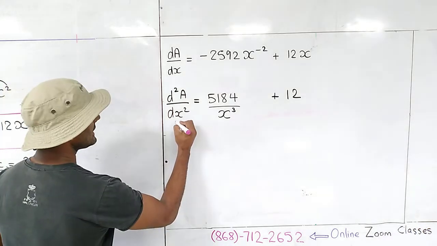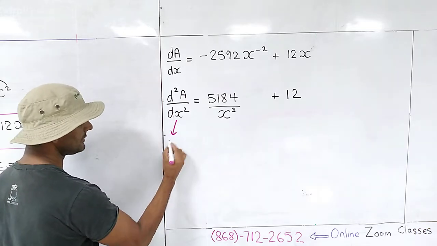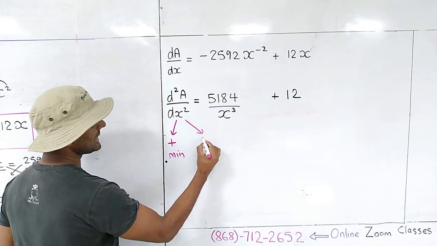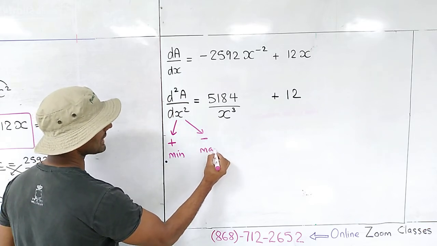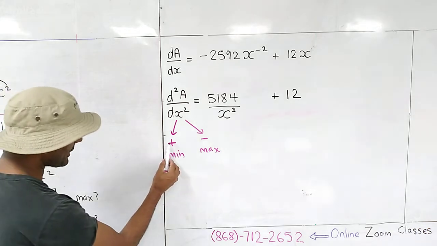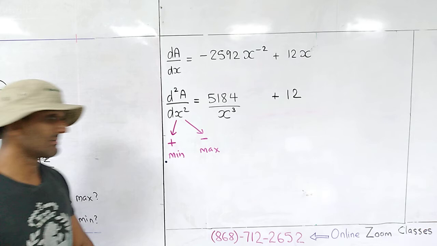How it works, if this expression ends up being positive, it's a minimum. If it ends up being a minus, then it's a maximum. I know it's the opposite of what you would normally think. You would associate a positive with a maximum and a minus with a minimum. It's just the other way around.